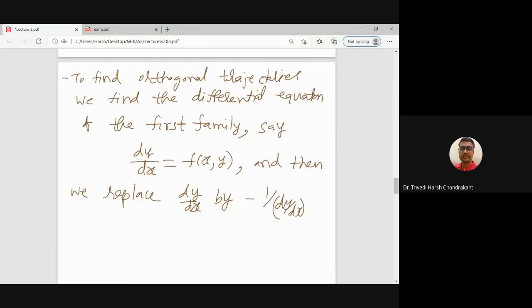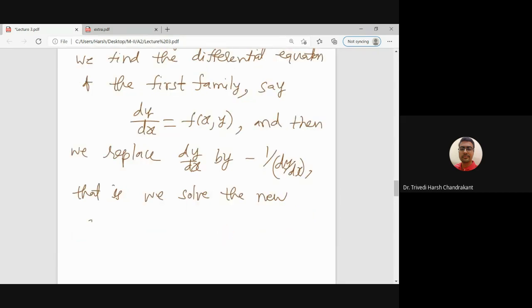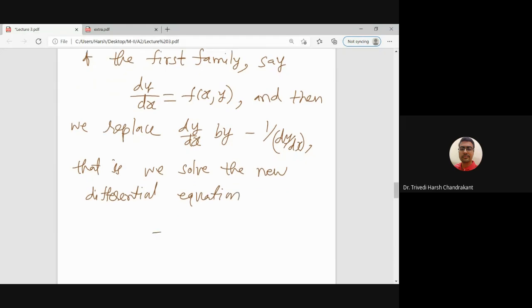So we replace by this, that is, we solve the differential equation which is minus 1 divided by dy by dx is equal to f of x, y.